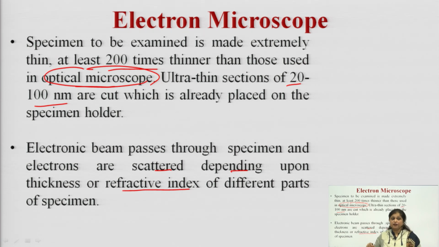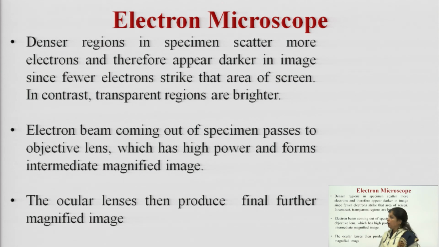So, these diffraction patterns will create an image on the projector lenses, or on the cameras, or on the computer screen. Based on their differences in refractive index, those parts will be observed. Denser regions in the specimen will appear dark, whereas transparent regions will appear brighter.